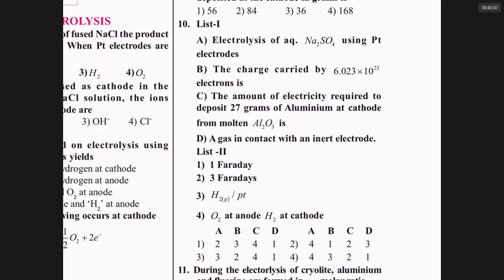What gas, sir? O2, sir. Sir, SO4 2 minus has to lose electrons, but it can't because there is water willing to lose electrons. When water loses electrons, 2H2O can lose 4 electrons to give 4H+ and O2. Notice, when water undergoes oxidation, you get oxygen gas. When water undergoes reduction, you get hydrogen gas.